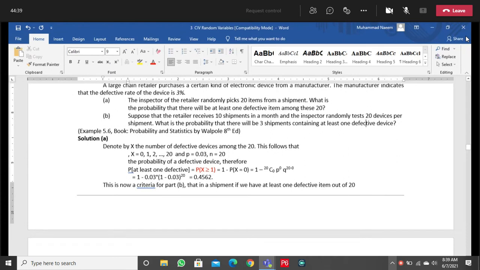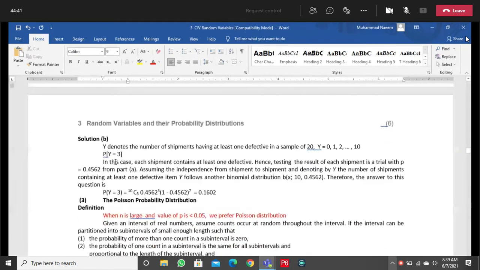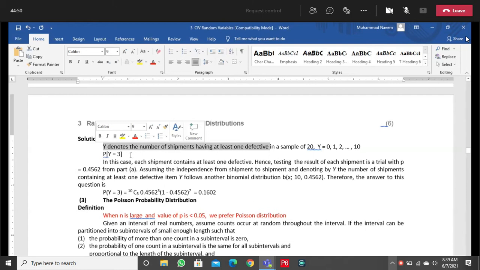What is the probability that there will be 3 shipments containing at least one defective? In the same way we have defined our variable, Y denoting the number of shipments having at least one defective. And out of these shipments, we require the probability for 3 shipments having at least one defective in a sample of 20. So before finding this requirement, what is P?